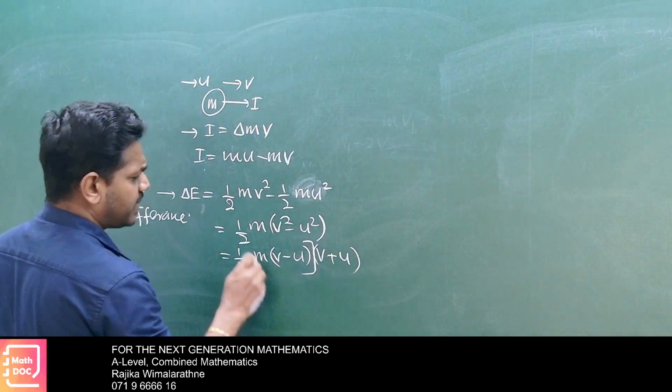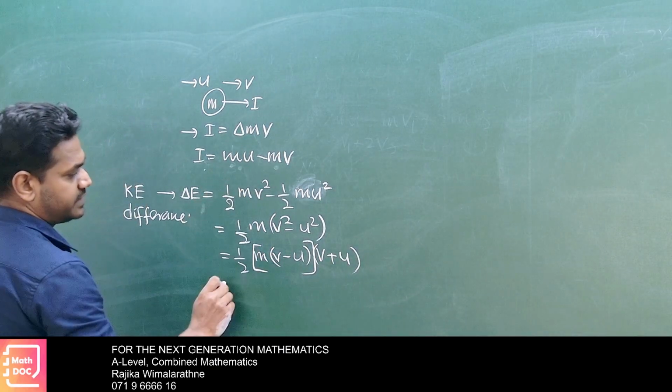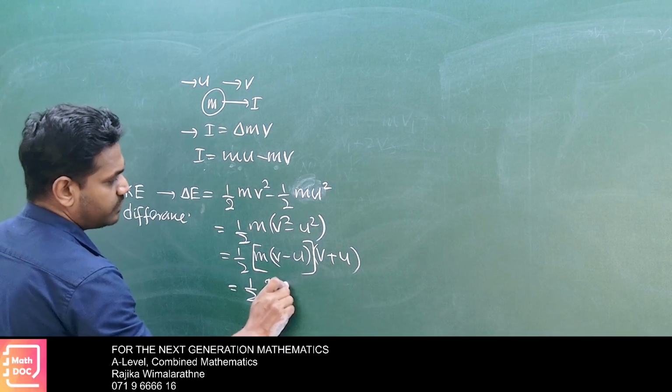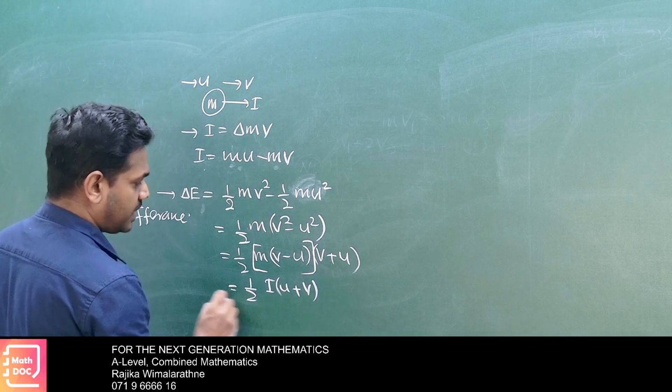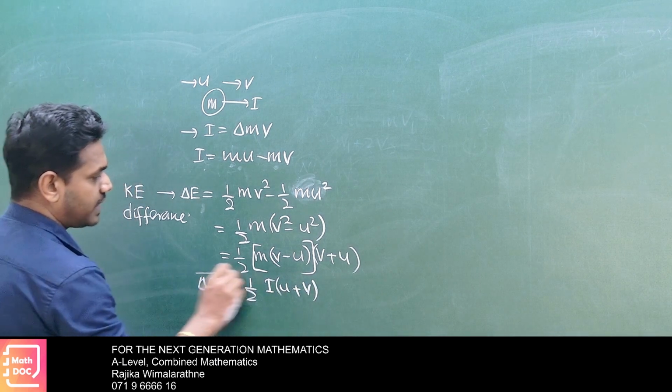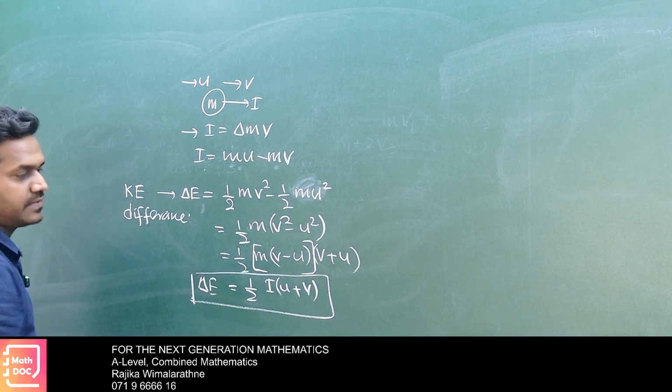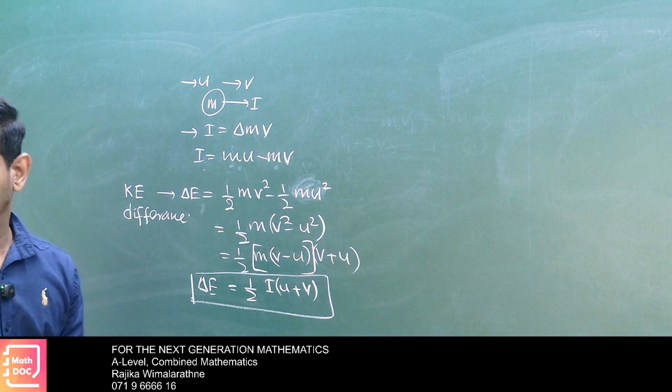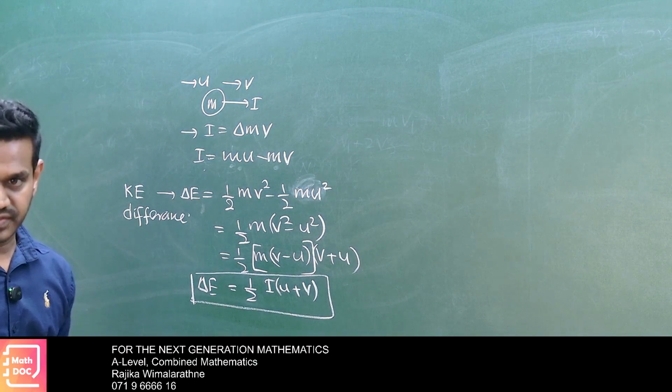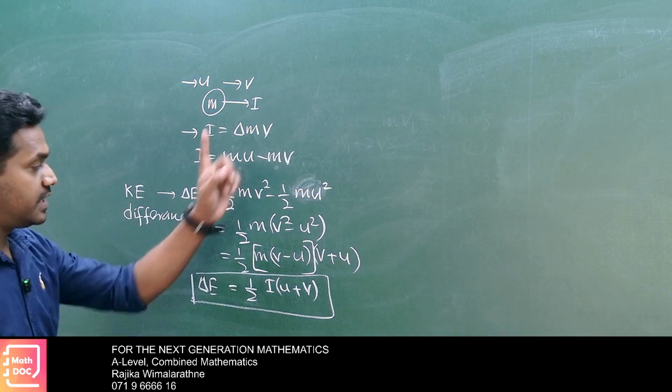Then for this part you can put I, the momentum difference: one half I (u plus v). So the kinetic energy difference you can write by this equation, half times I times (u plus v). Okay.